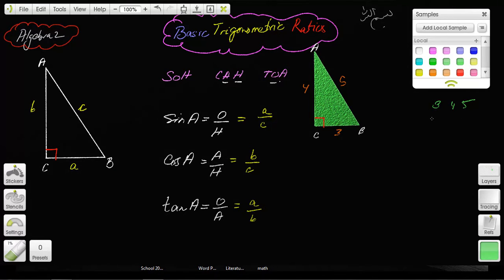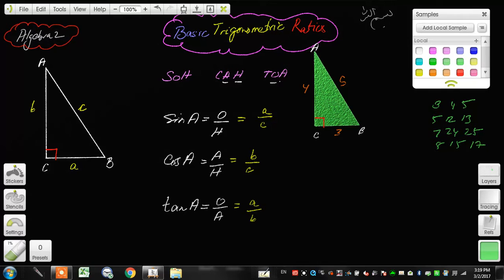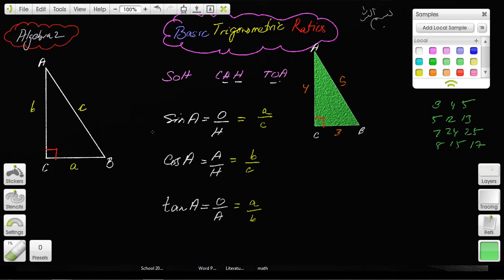These Pythagorean triplets, you must know. Now, I call them triplets, they're really not triplets, right? They're more like Pythagorean triples is what they're really called, okay? So these Pythagorean triples you have to kind of know.